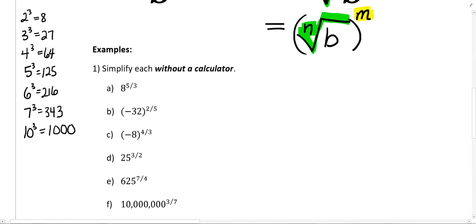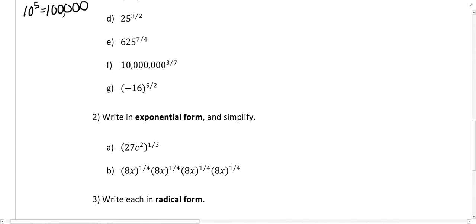So there's 3 zeros because it's a 10 cubed. So you could do like 10 to the 5th. Just write a 1 and 5 zeros. Okay, so that's 100,000.